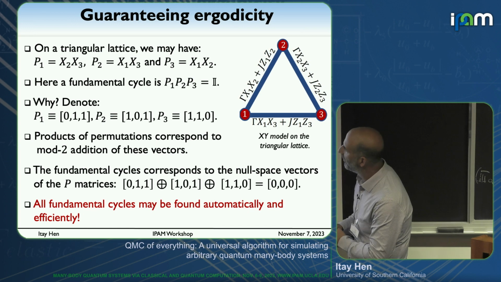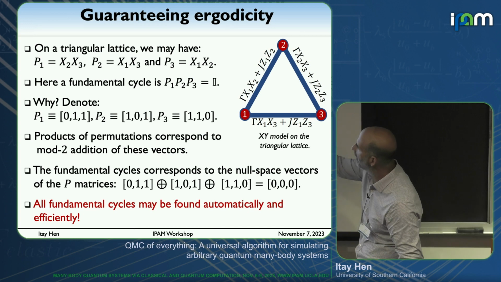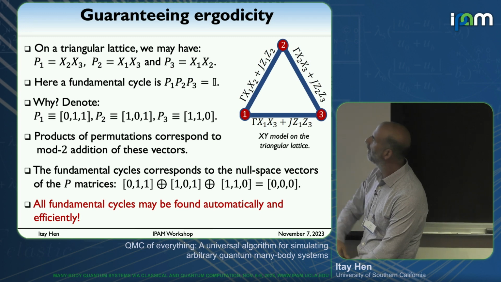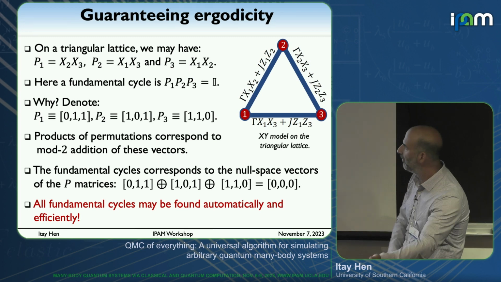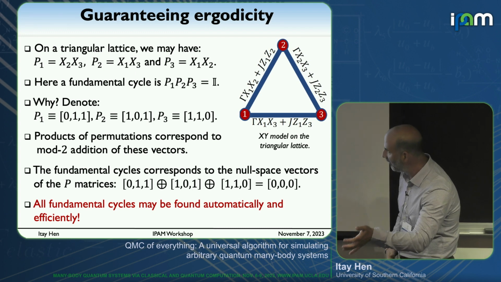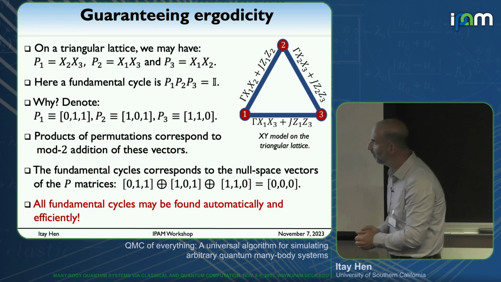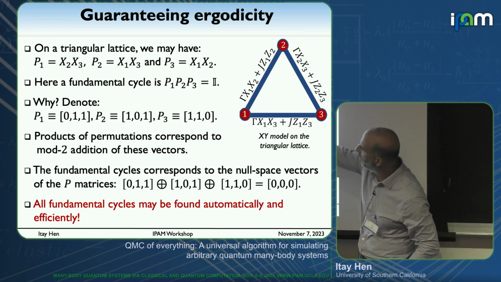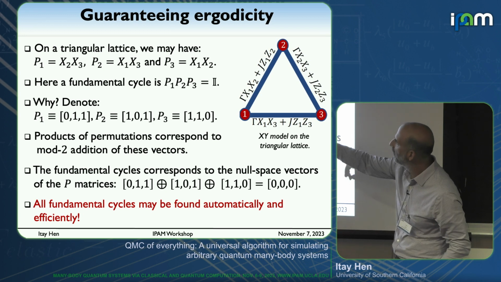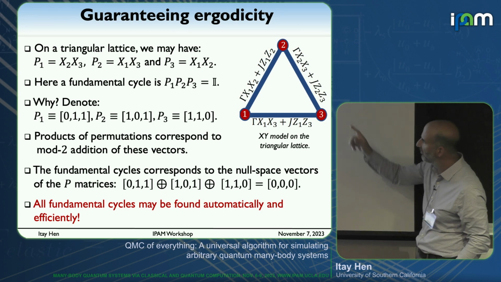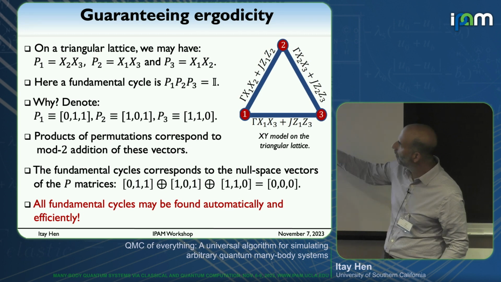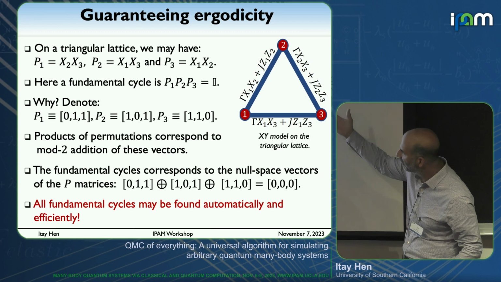And you will notice, maybe, that if I represent every permutation as a vector of zeros and ones, 0 if the Pauli X is not in the string, and 1 if the Pauli X is in the string, then P1, for example, X2 X3, I can write as 0, 1, 1. P2 is 1, 0, 1, and P3 is 1, 1, 0. And a product of P's is actually the mod 2 addition of these vectors.